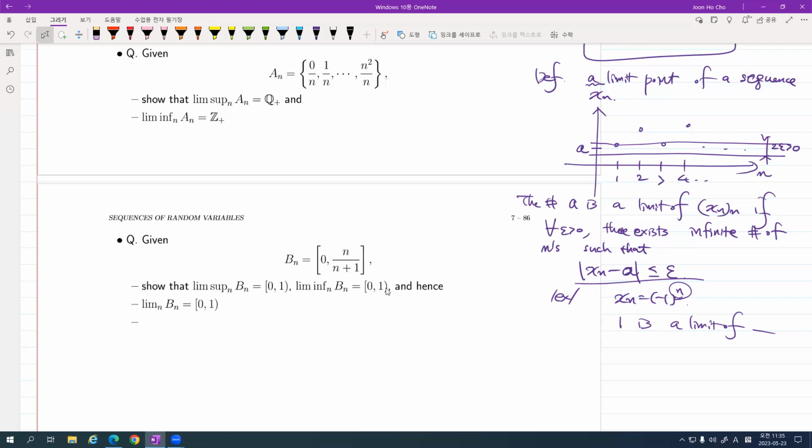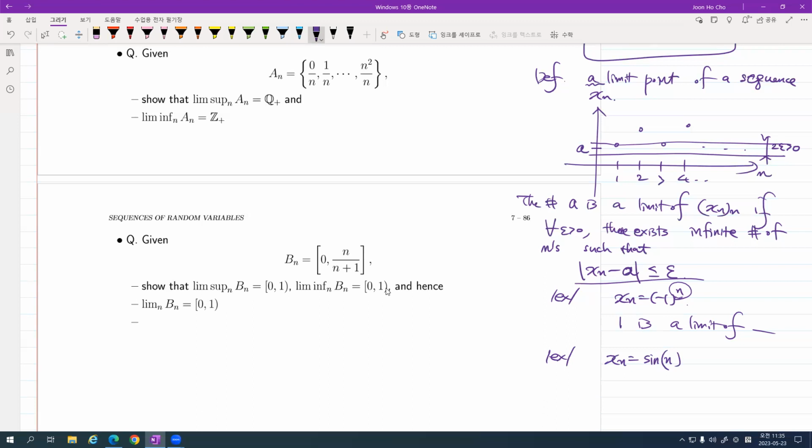For example, here goes another example. Suppose x_n equals sin n. It's not sin 2 pi n, okay? x_n equals sin n. Let me ask you a question. Is the value 1 a limit point of this sequence? You somehow know it's true, right?